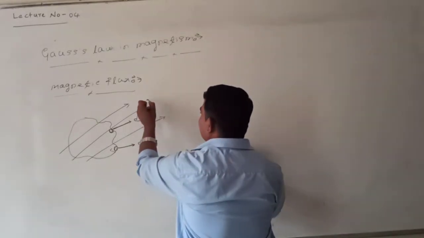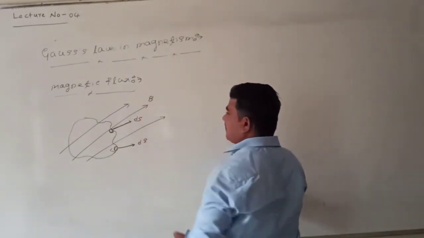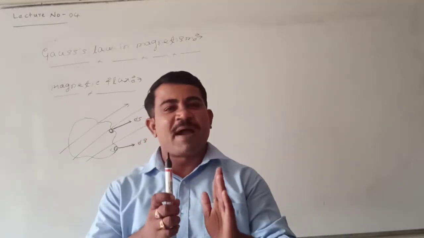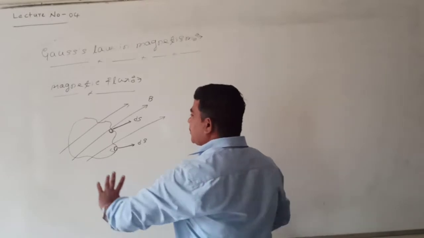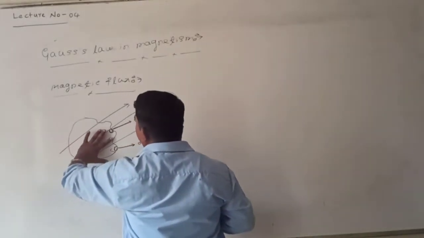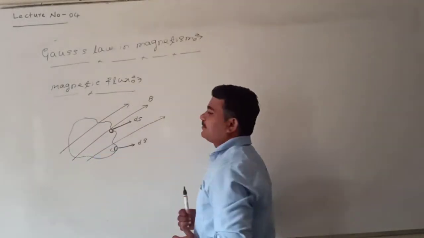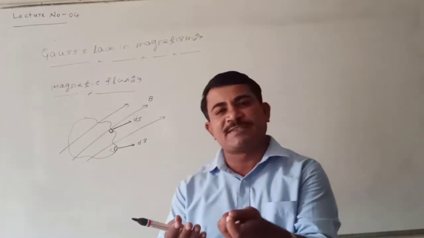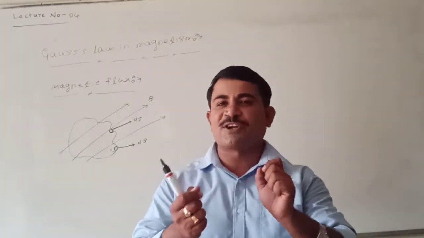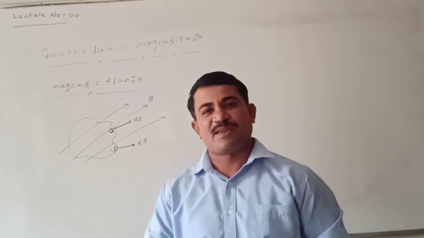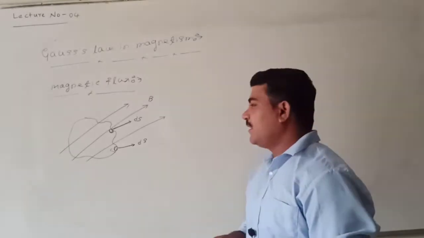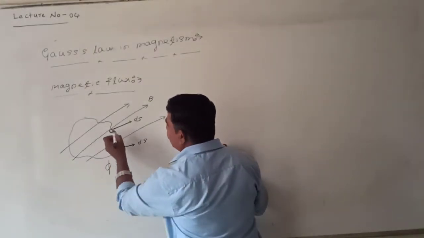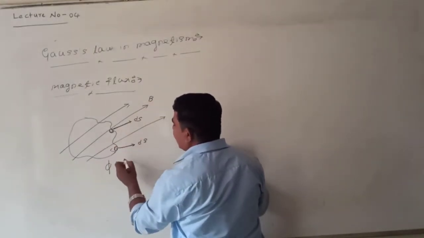So this value is equal to what value? B. Right? What is magnetic flux? Magnetic flux is the number of magnetic field lines passing through a surface normally. I mean, how many magnetic field lines pass through a given surface perpendicular to it, that concept we call magnetic flux. And mathematically, the magnetic flux is equal to the scalar product of magnetic field and area vector.